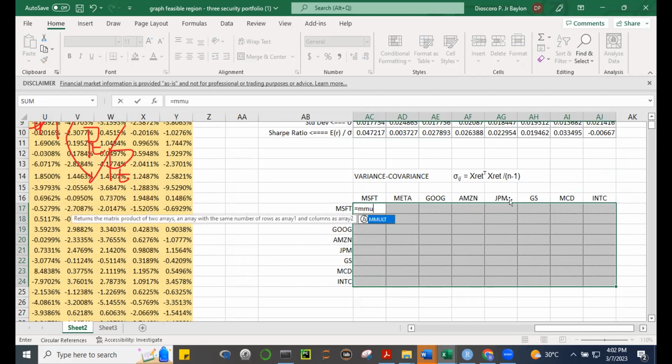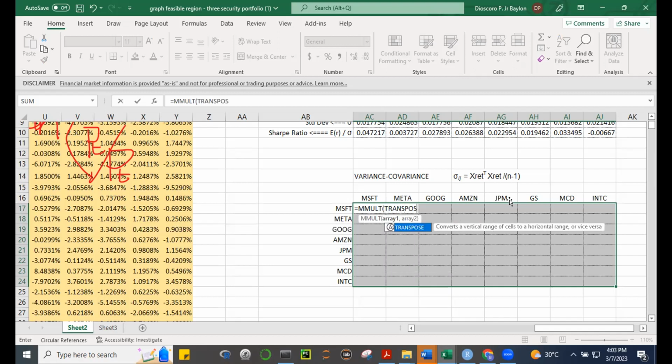So I'm going to use the function MMULT. This is matrix multiplication. MMULT. So what am I multiplying? The transpose of XRET. Okay? There. So this is the transpose of XRET matrix multiplied with XRET.